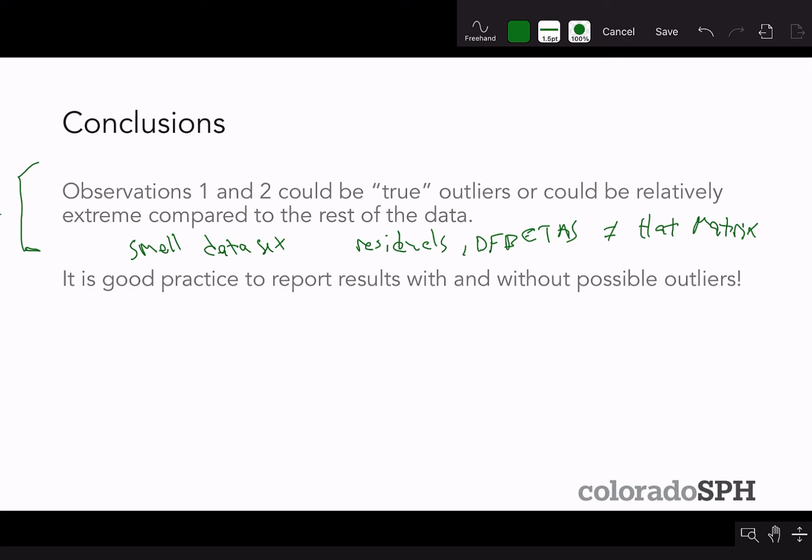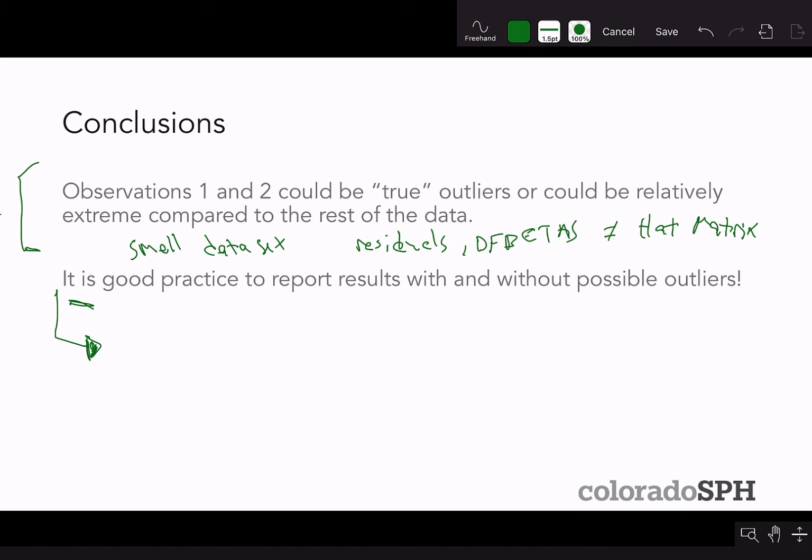So in practice, if you find evidence of influential points, it's good to report both results, with and without the potential outliers. Another point that I like to think about is whether the outliers are very clear outliers. Say you have an entry for age that's equal to 5,000.